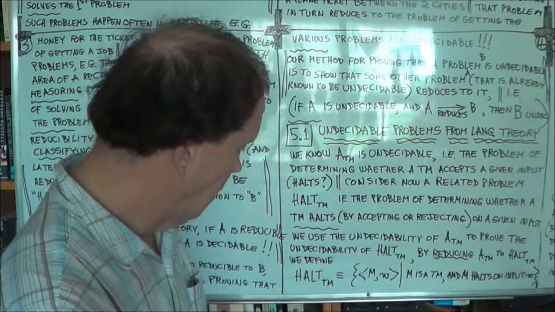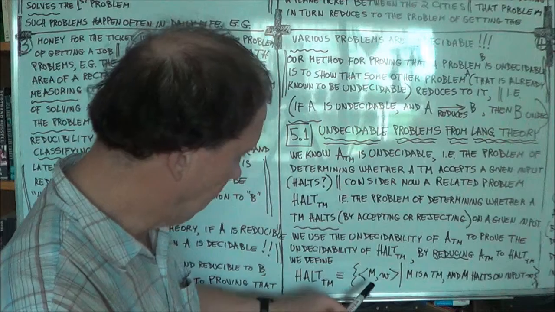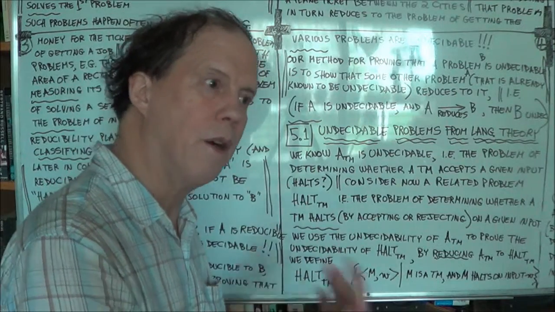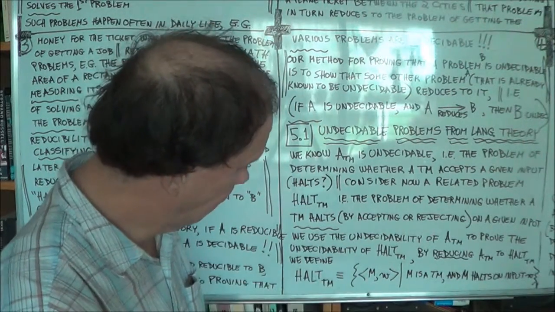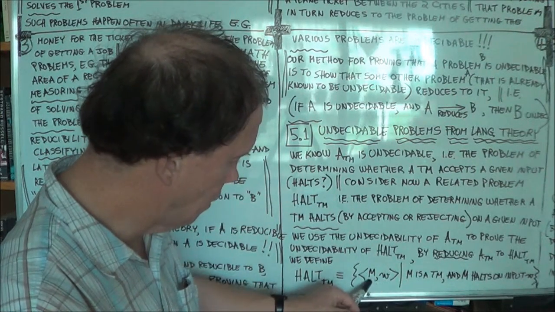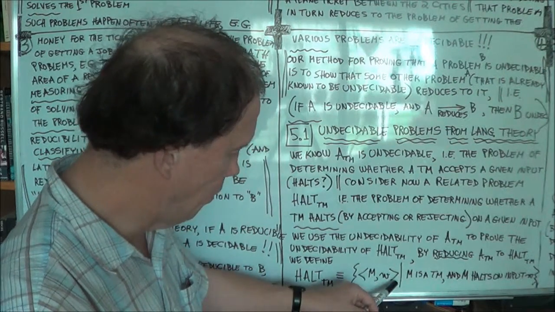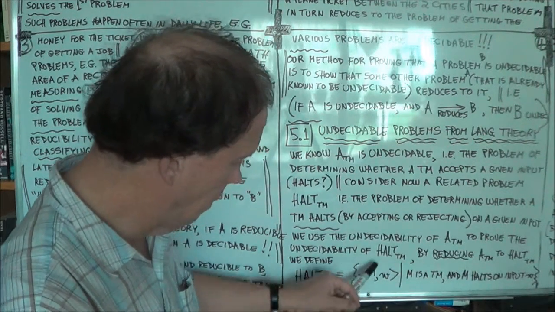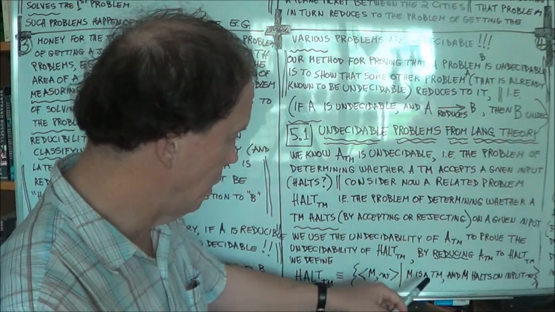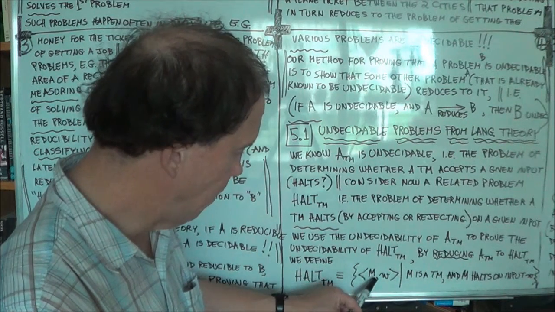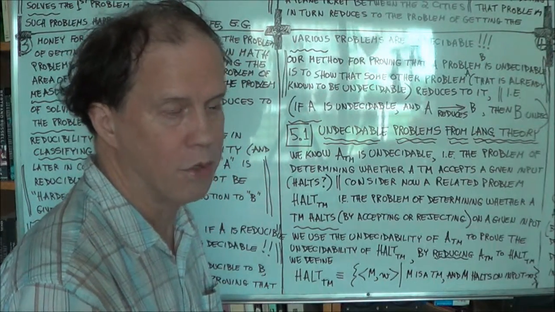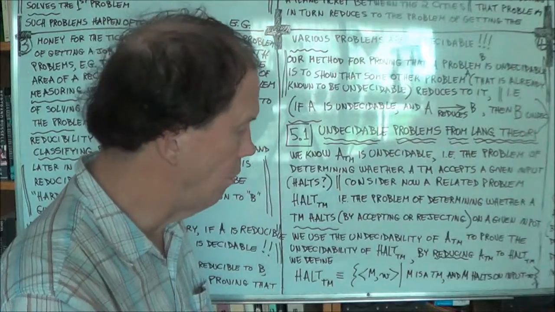Each element of the language is an ordered pair, where M is a Turing machine and W is a string that goes into this Turing machine M, and the condition for being a member of the set is that this machine M halts on W. In other words, it accepts or rejects. That's a little different from what we've done before.